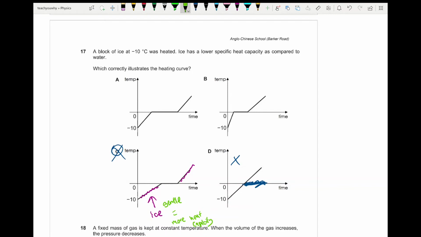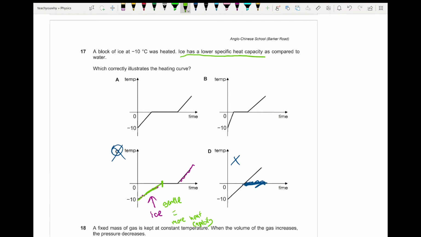Because, based on logic, it takes a longer time to reach this temperature. So if you have higher heat capacity, you need a longer time to heat it, a longer time to reach a certain temperature. But it's not the case. They already say ice has a lower heat capacity as compared to water. Therefore, D and C are out.